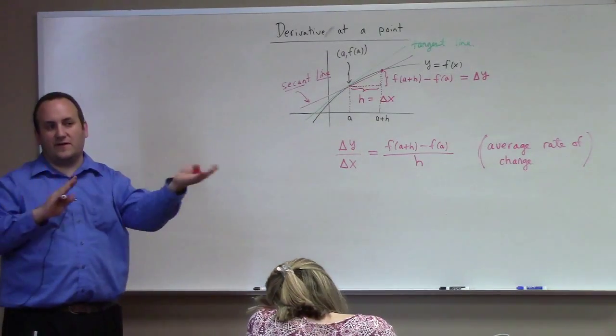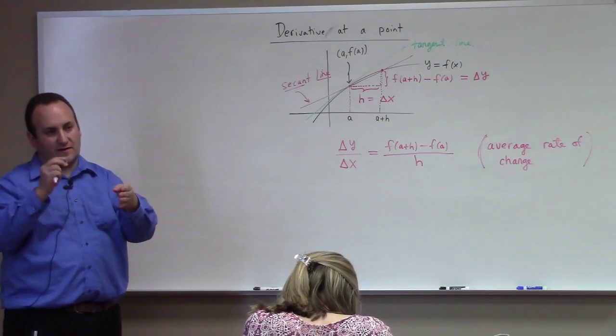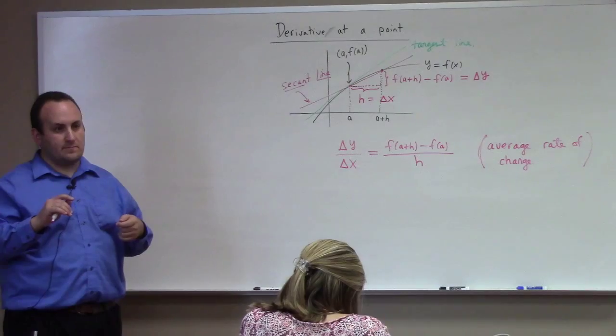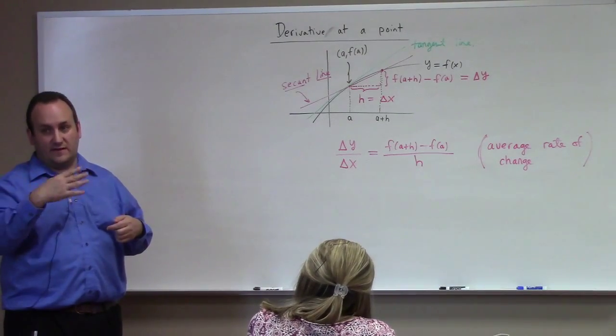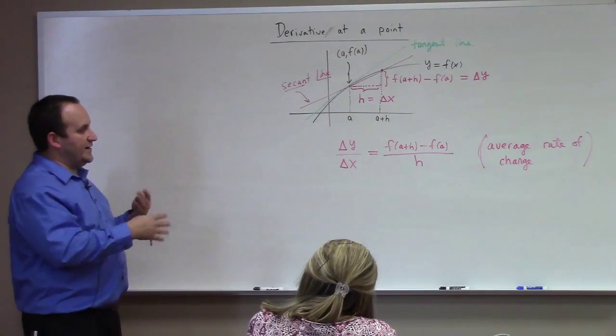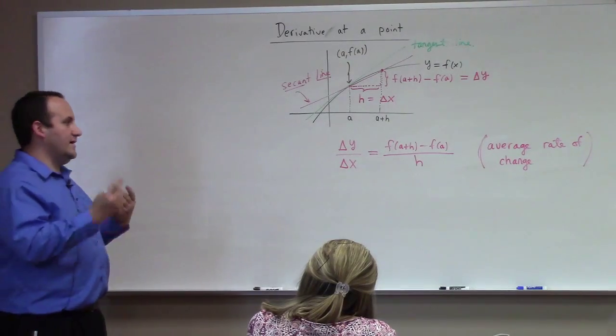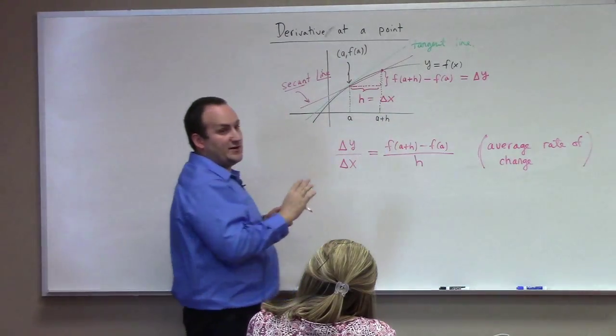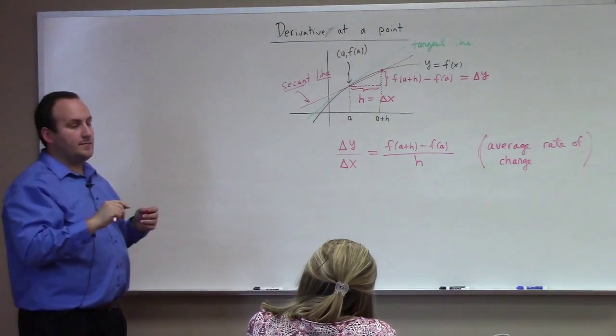If you give me different values of h for a particular fixed choice of a, you get different averages. I'll work this out with numbers in the next example in just a second, all right? But the average rate of change is by no means unique, because I could draw other red lines which would connect 2 points. I don't want to do it, it'll clutter my picture.